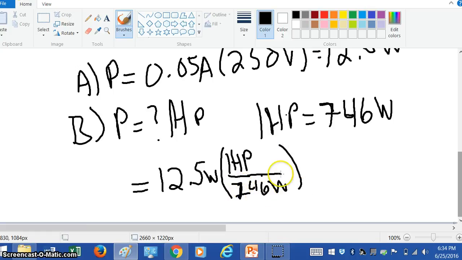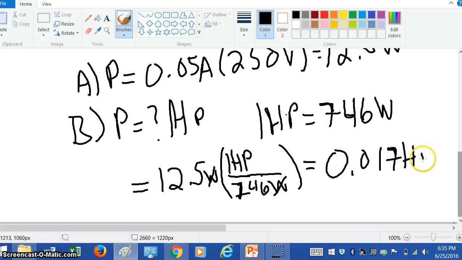And of course the watts cancel, and when you do that, I think I've already done it in my calculator. Yeah, I did. It's going to turn out to be 0.017 HP, horsepower. So that's a very small amount of horsepower.